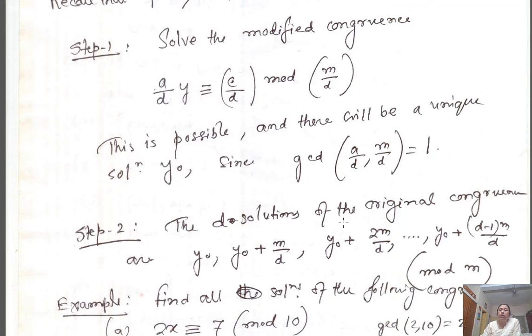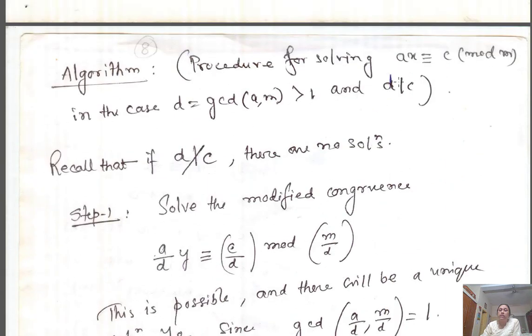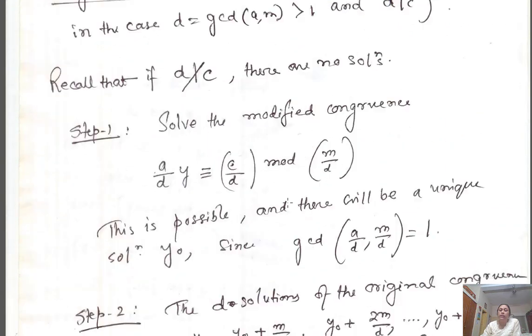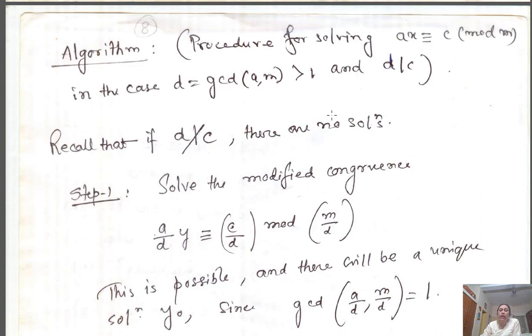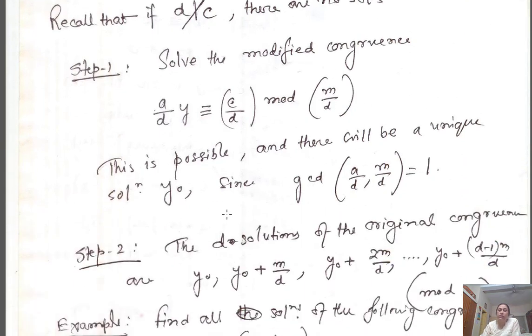Then the solution of the original congruence: this equation has the unique solution y naught, so y naught is also a solution of the original, and it has d many solutions. So y0, then y0 plus m over d, then y0 plus 2m over d, up to y0 plus d minus 1 times m over d.